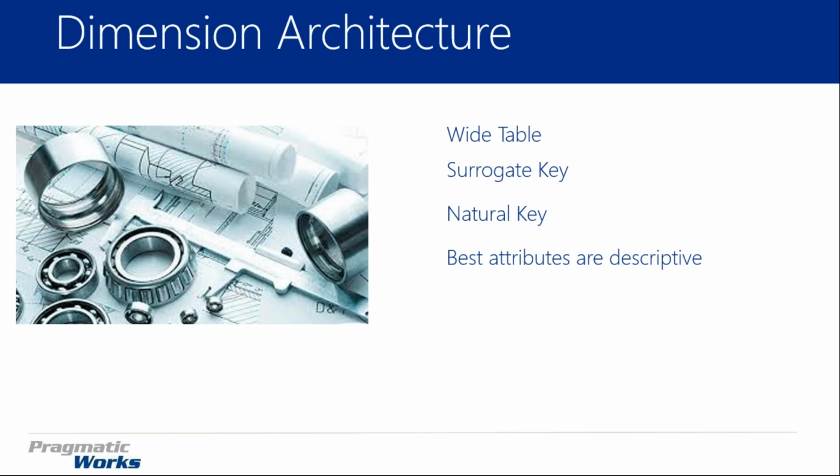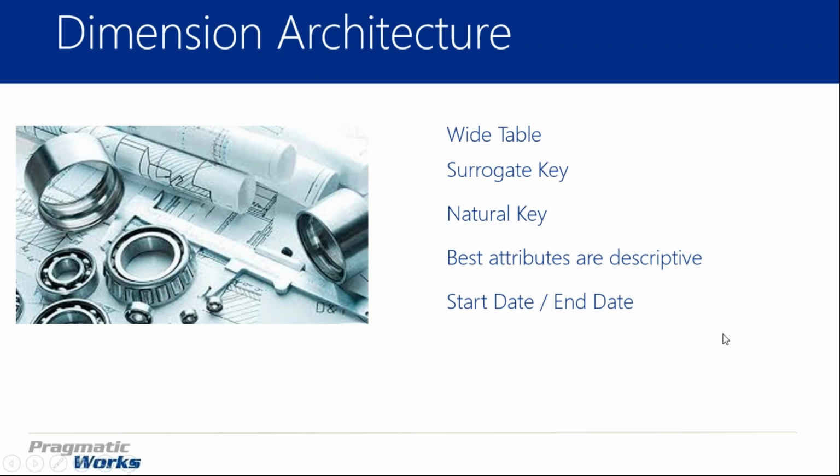If that's the case, then you haven't quite designed that dimension the correct way. We need to go back and revisit that. So the best attributes are going to be descriptive. Replace those codes with actual descriptions of what they mean so that when your end users are consuming your data model and doing analysis, they're going to get the best possible interaction with that data model.